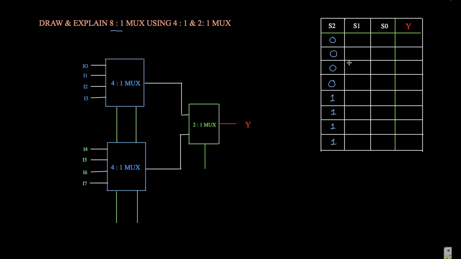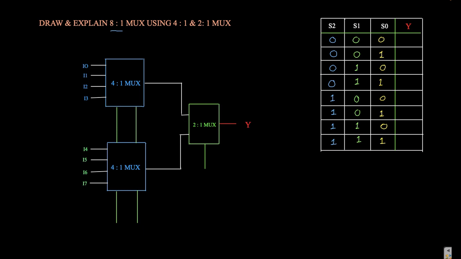S2 is 0 for four rows and 1 for four rows, S1 alternates in pairs, and S0 alternates 0 1 0 1. Completing this truth table, we should write down the output.